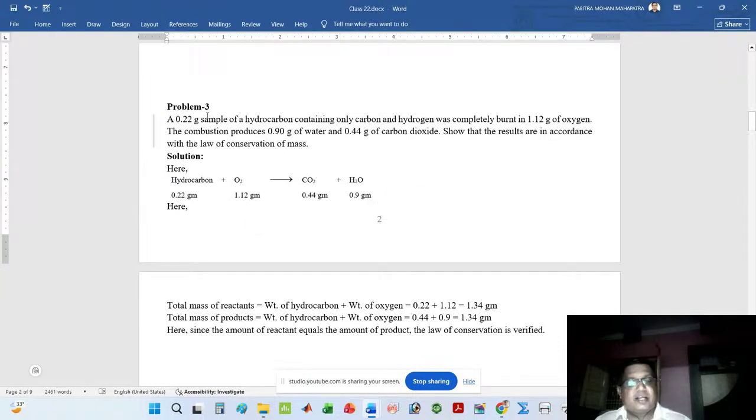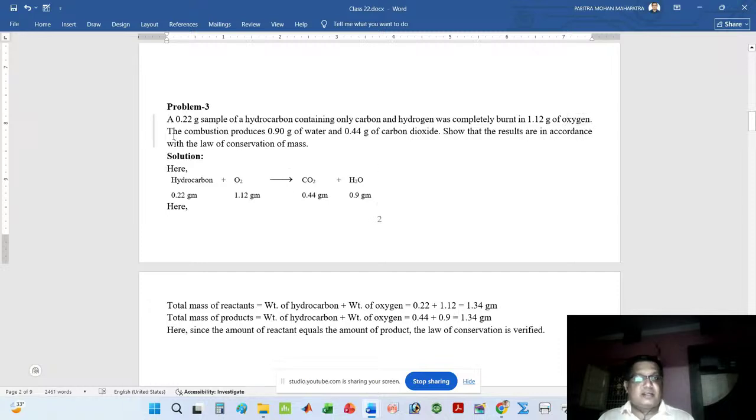So here again I want to read the question. A 0.22 gram sample of hydrocarbon containing only carbon and hydrogen was completely burned in 1.12 gram of oxygen. That means I can say that the hydrocarbon is the main reactant and oxygen is the other reactant.